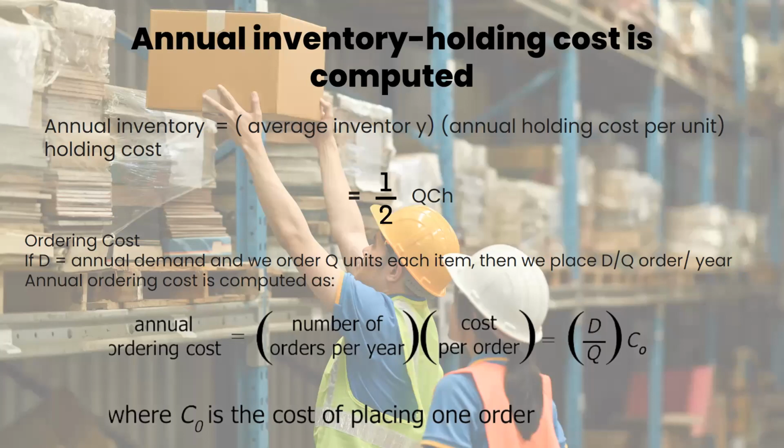Annual inventory holding cost is computed. Annual holding cost equals average inventory times annual holding cost per unit. This formula is a simplified representation of the annual holding cost. It states that the annual inventory cost is equal to the average inventory multiplied by the annual holding cost per unit.